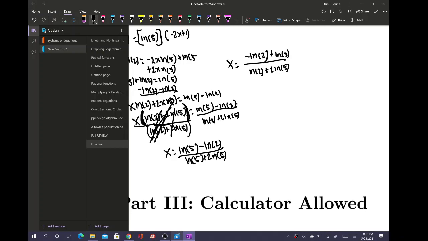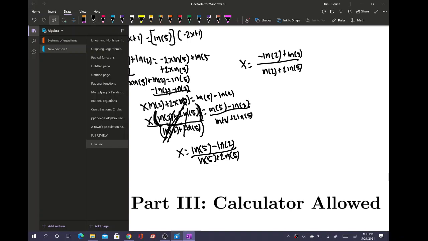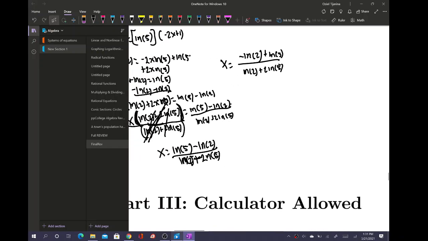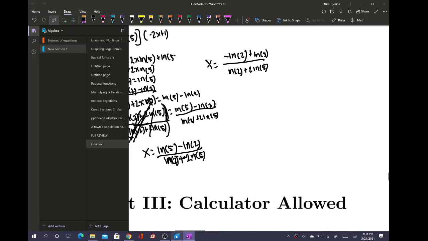So you can write it either way. Oh, my bad, ln of 2 plus 2 natural log of 5, excuse me. So yeah, I don't think there's a way to actually factor this.